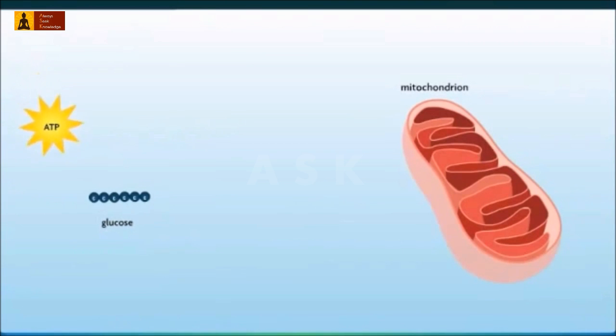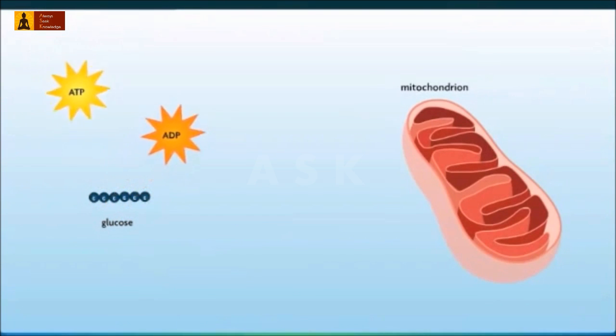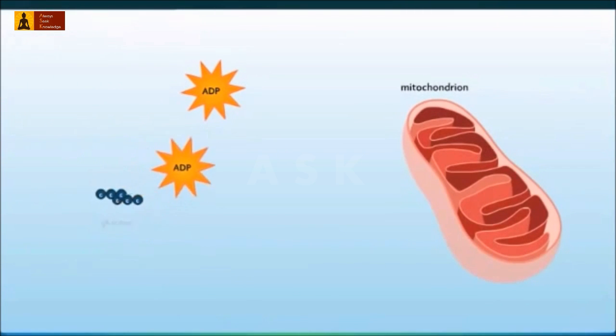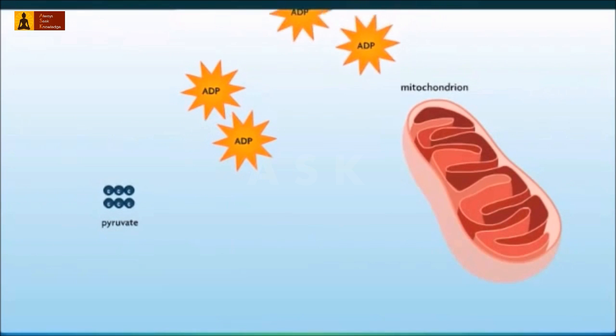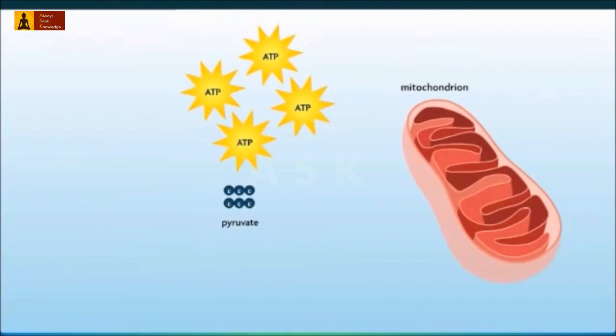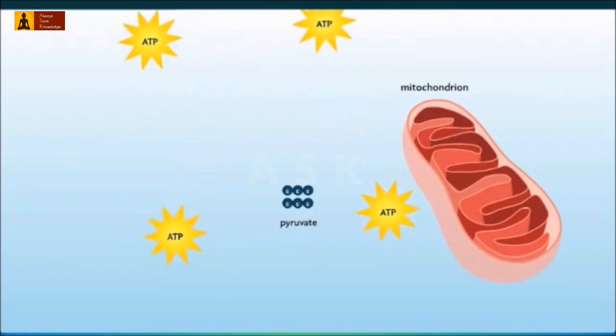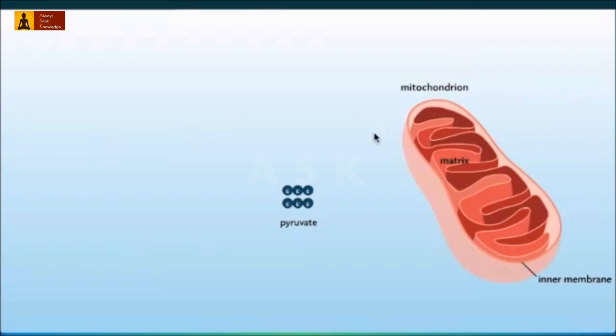Glycolysis provides the product cellular respiration uses to make ATP. The process of glycolysis takes place in the cytoplasm and does not require oxygen. Glycolysis splits glucose into 3-carbon molecules called pyruvate and provides a net gain of 2 molecules of ATP.